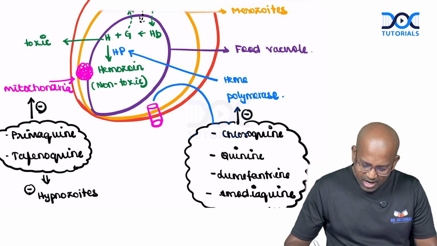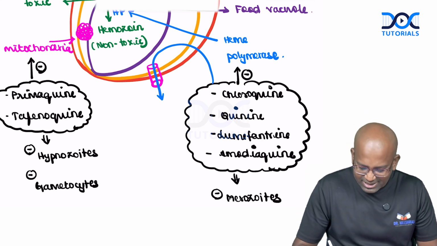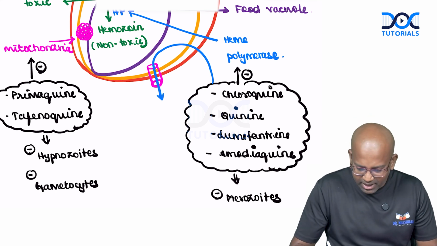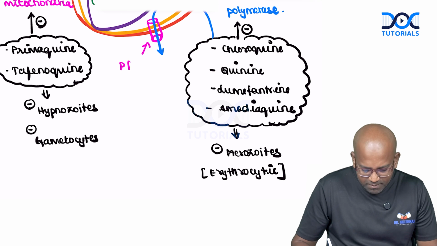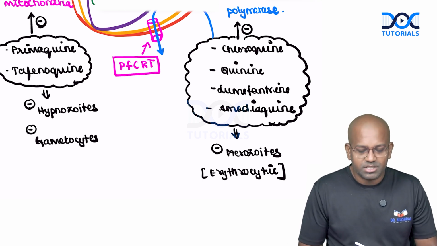Chloroquine gains entry and is thrown out. This mechanism is called an efflux pump, and that is the mechanism of resistance development against chloroquine. The name of this efflux pump is Plasmodium falciparum chloroquine resistance transporter. That's it.